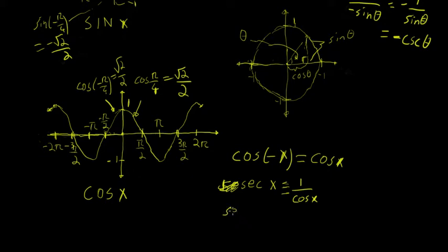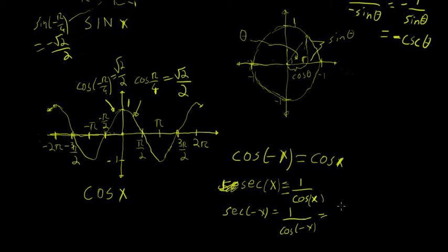So then secant of negative x is going to be 1 over cosine of negative x, because this just says that secant of whatever's inside this parentheses, so I could have put a parentheses here, is equal to 1 over cosine of whatever's in this parenthesis. So here negative x happens to be in this parenthesis.